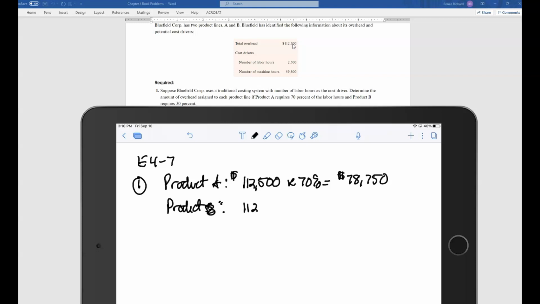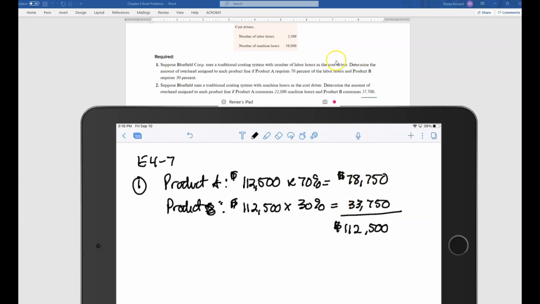So 112,500 times 30%. So all we're doing is just allocating based on a percentage. That's 33,750. And if we add those together, they better add up to 112,500, right? Because 70% is here and 30% is here.